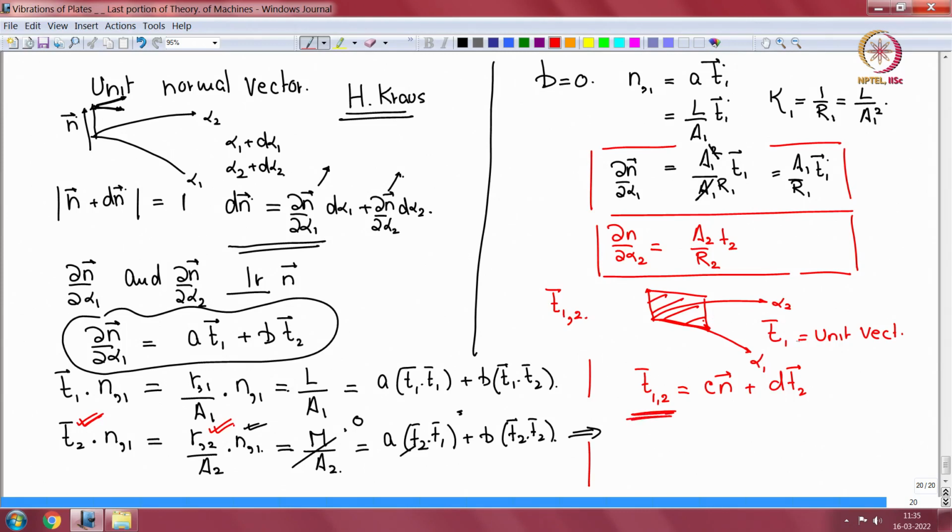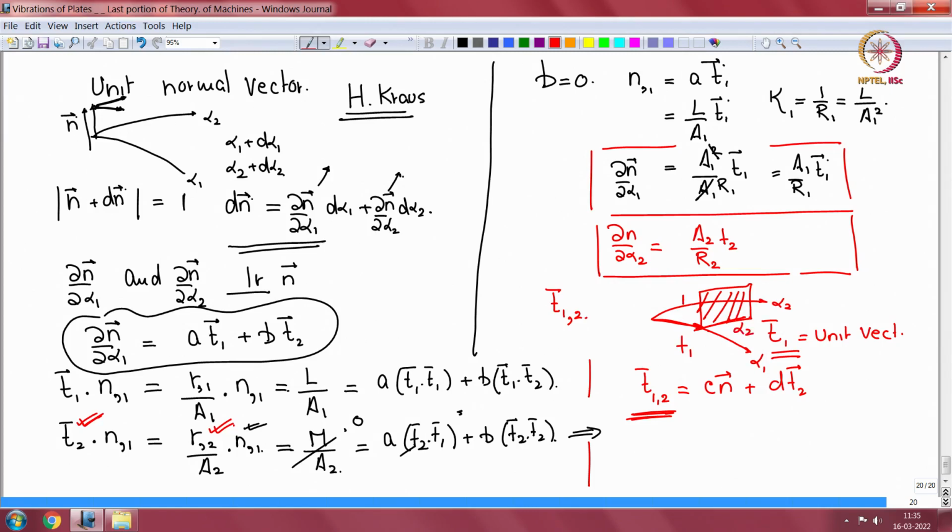T12, because T1 is a unit vector, will have no more components in the T1 direction, it will have components in alpha 2 and n, this is the plane.